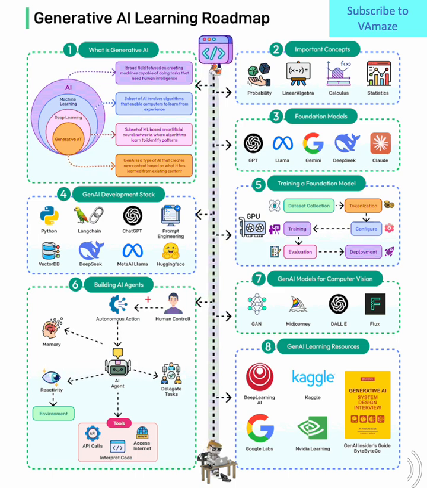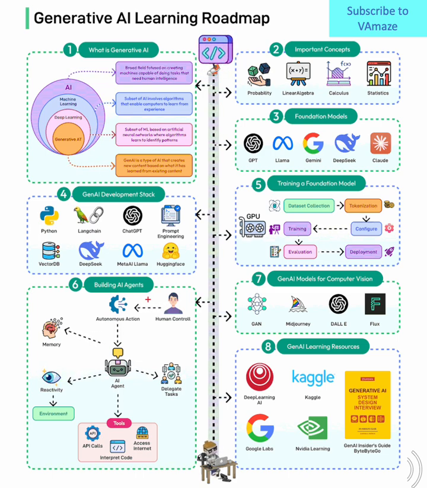For those interested in generative AI models for computer vision, you'll explore a different category of foundation models specialized in images. GANs, or generative adversarial networks, pit a generator and discriminator against each other to produce realistic synthetic images.